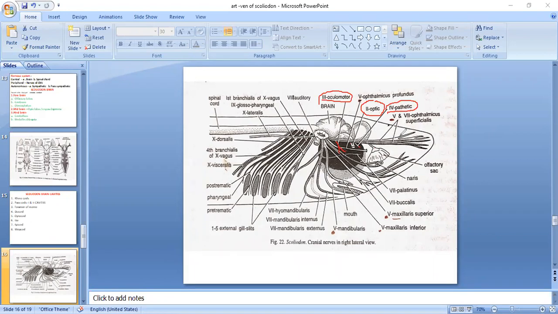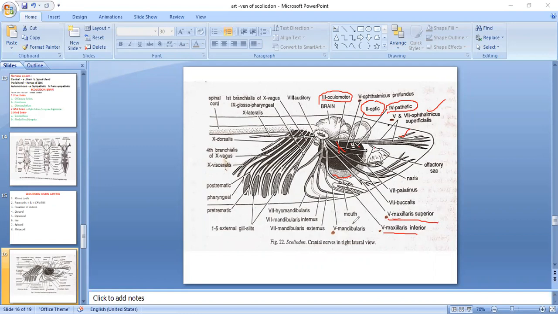Okay, so this is the first branch of the fifth, that is called ophthalmicus superficialis. Okay, and then this one is maxillaris superior, the upper jaw nerve. So this is the second branch, and then maxillaris inferior, the lower jaw nerve.